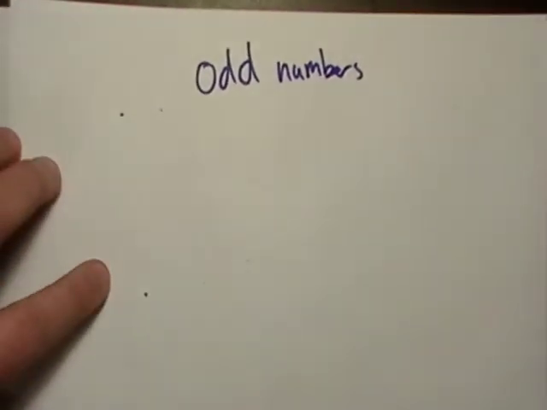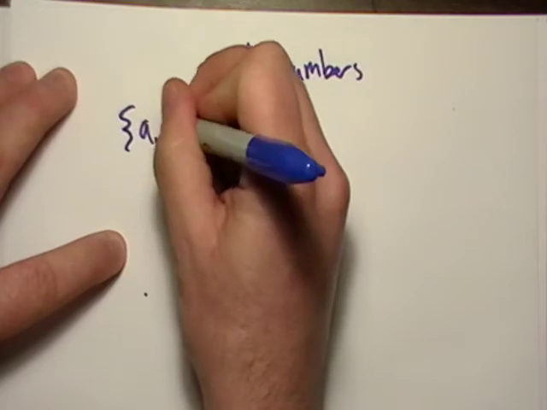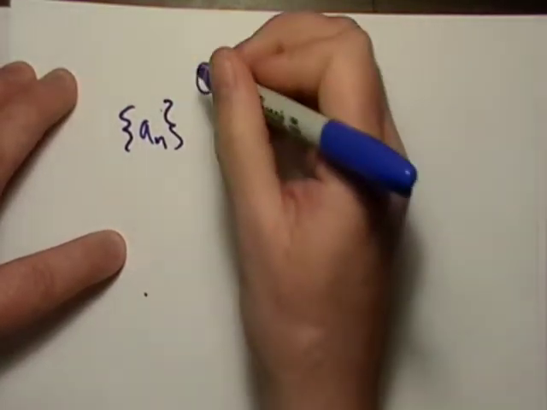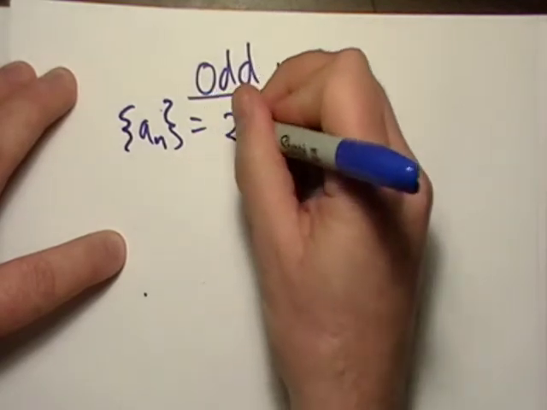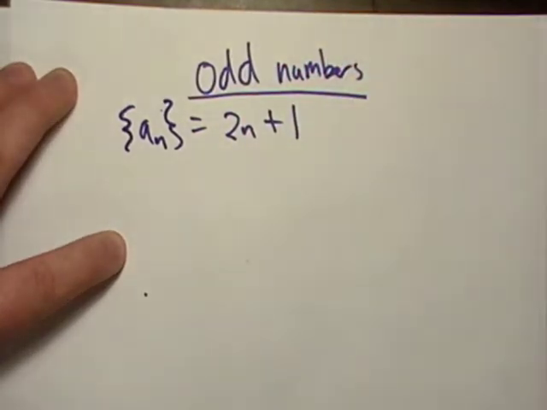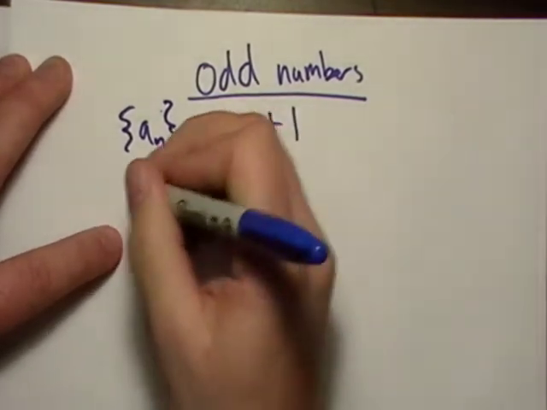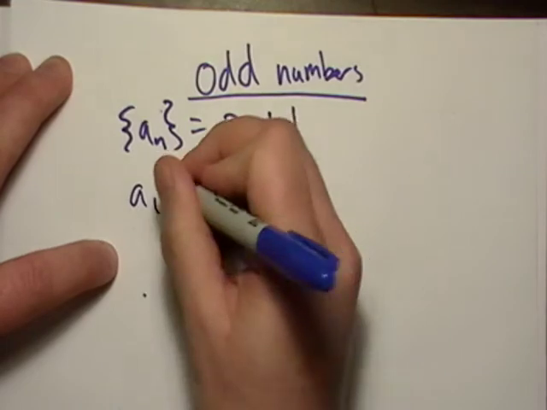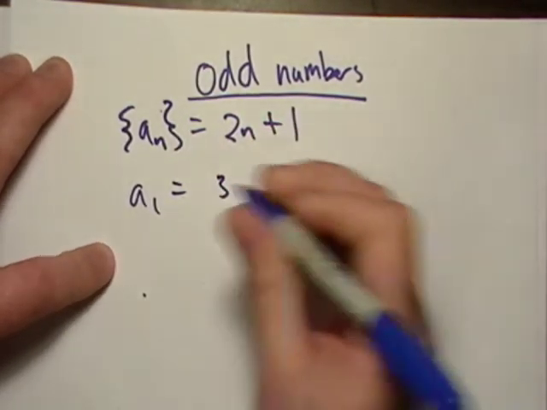If we wanted all odd numbers, I'm going to do this two ways, because it's going to be a little weird. First we're going to go 2n plus 1. If we add 1 to it, we'll end up with odd numbers, except for one twist. What's a sub 1? Well, that's 2 times 1 plus 1, which is 3.